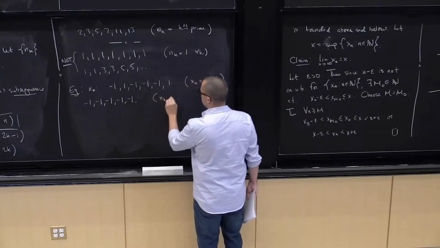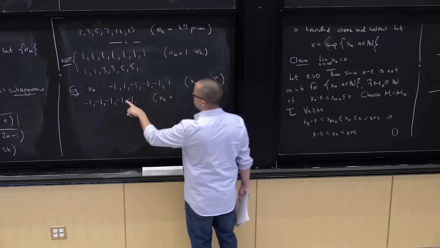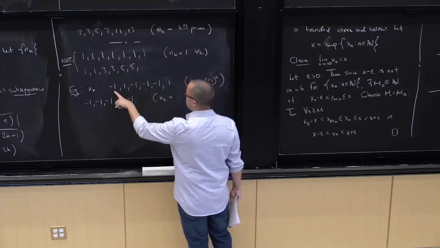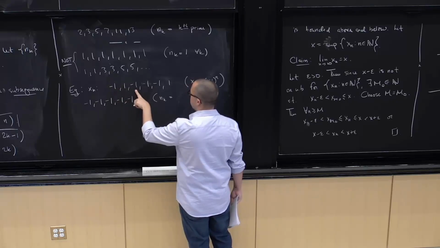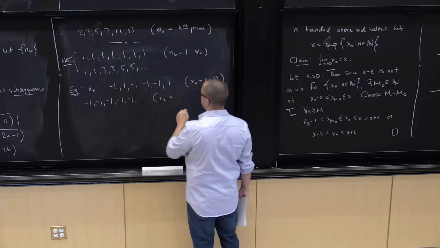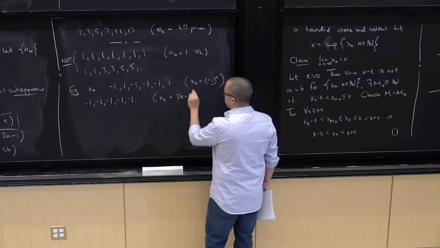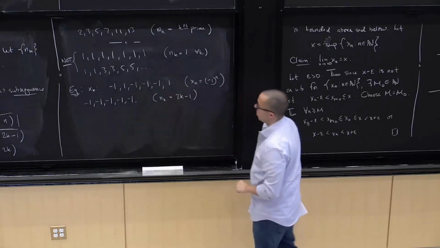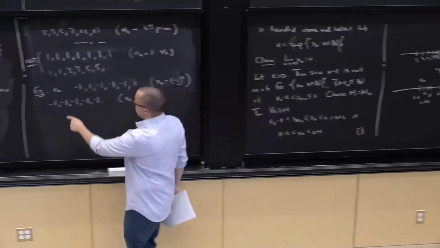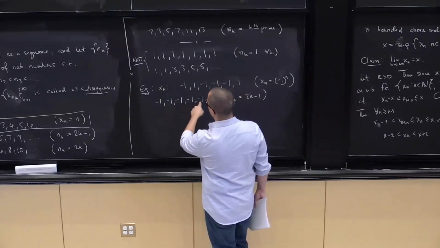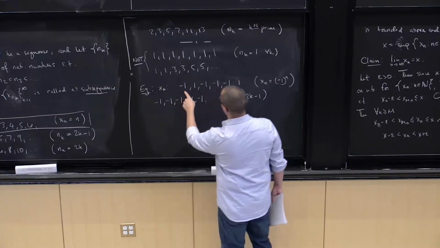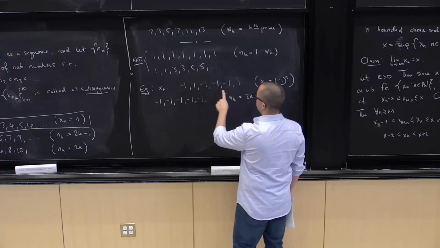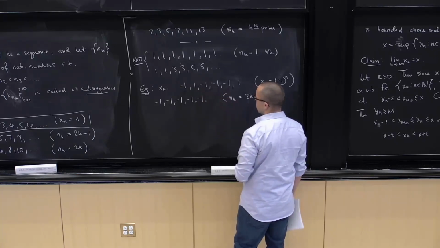Here, the increasing sequence I'm using to get this new sequence is: I pick the first entry, then the third, then the fifth, then the seventh, so n sub k equals 2k minus 1. All the actual numbers appearing in the sequence are the same, but I'm actually picking different entries from the original sequence, where they appear.